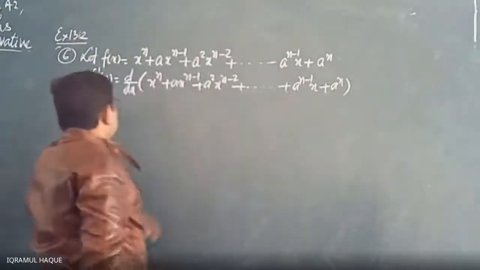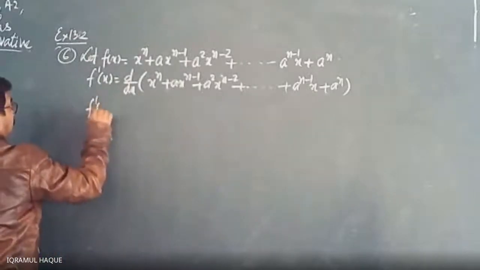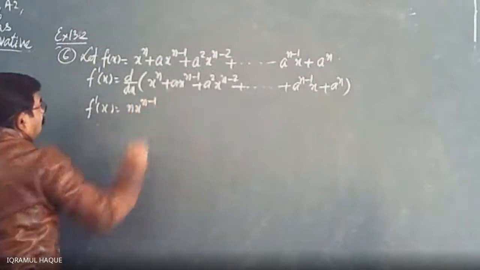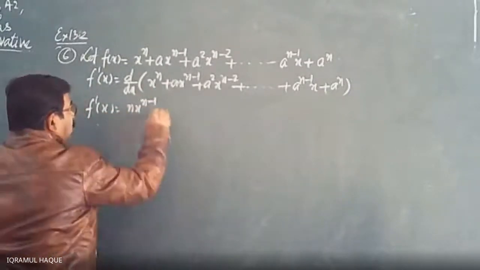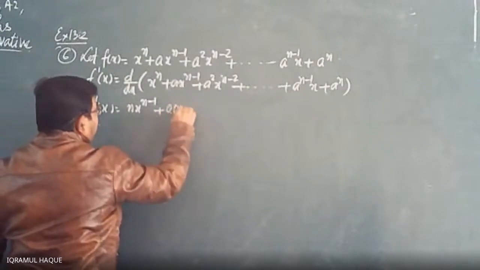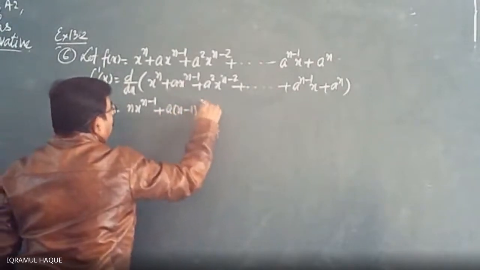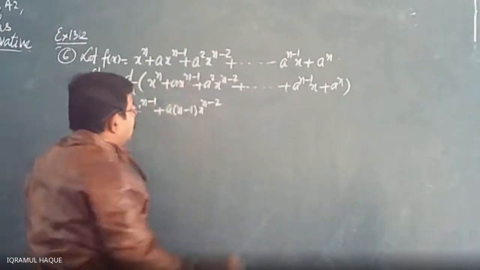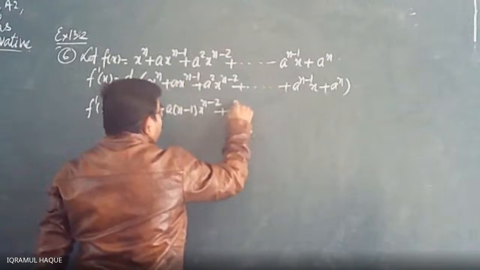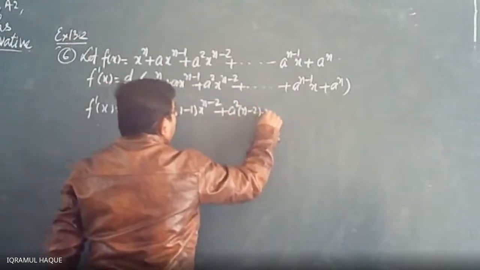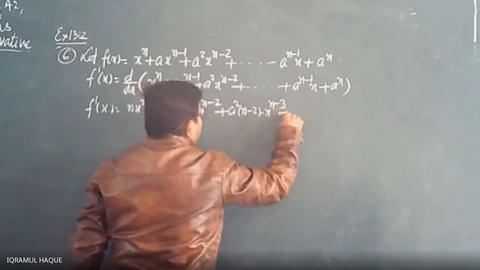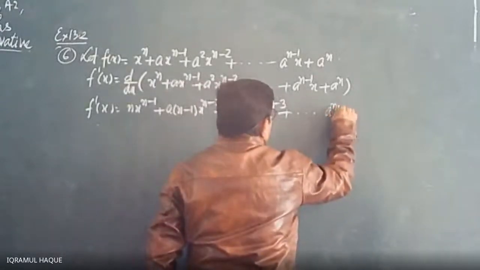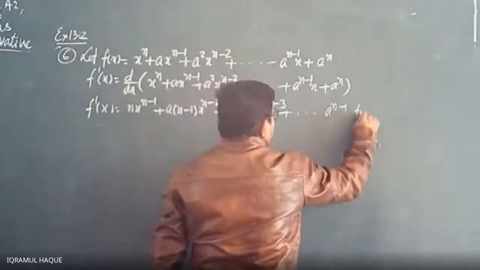And for the others, we have f dash x is equal to n x to the power n minus 1. This n comes first, plus a times n minus 1 x to the power n minus 2. This n minus 1 comes first, and one power is reduced, plus a squared times n minus 2 into x to the power n minus 3 plus so on. This becomes a to the power n minus 1. This will be the answer of the question.